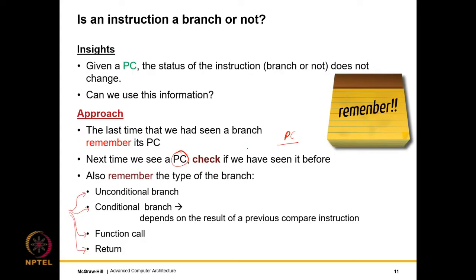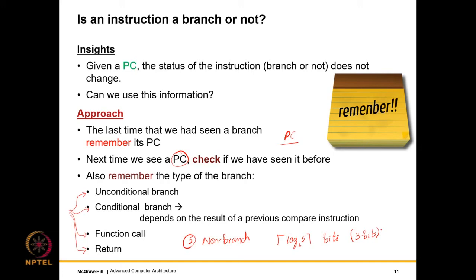And of course, the fifth category, which I'm not mentioning, which is rather obvious, is whether it's a non-branch. So we'll have these 5 categories, and for these 5 categories, we need the ceiling of log base 2 of 5 bits, which is 3 bits, to represent the type of the instruction.